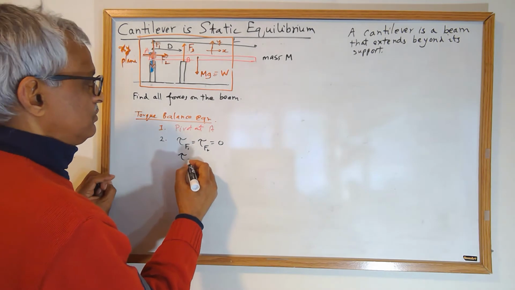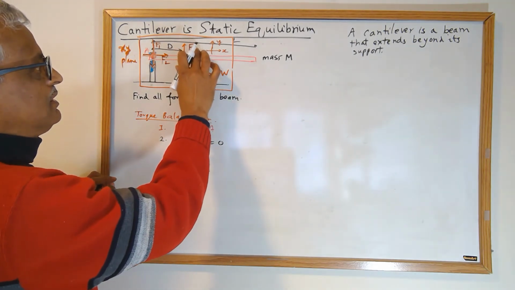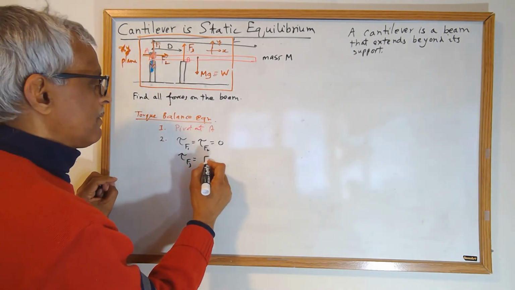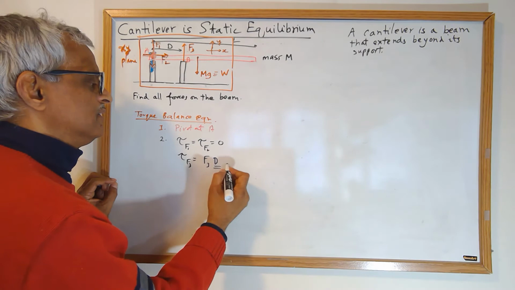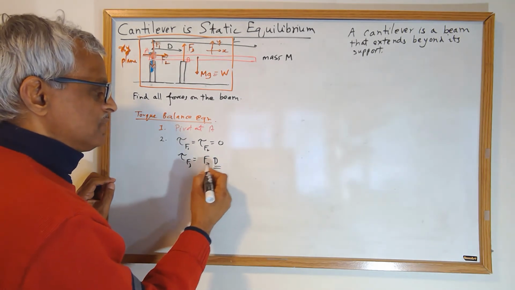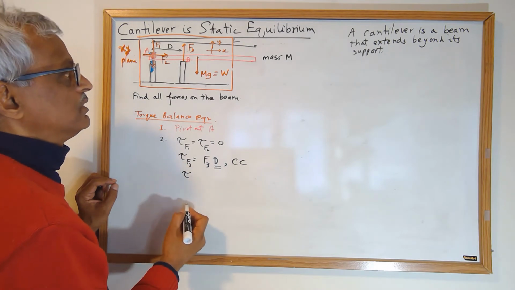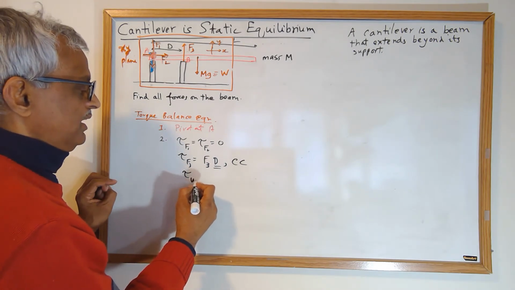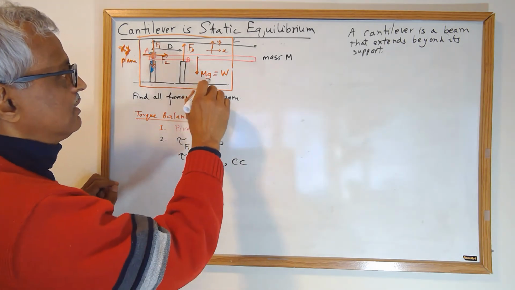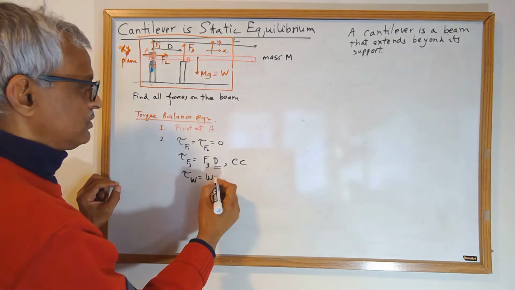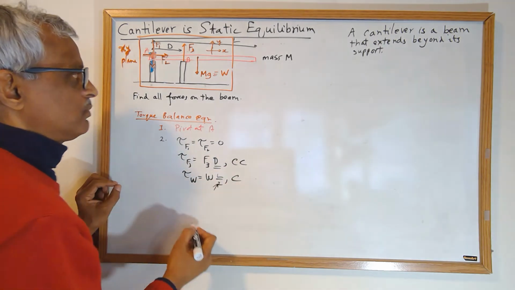The torque of F3 is F3 times D, and you've got to figure out why there is a lever arm. That's the lever arm, and this is counterclockwise. The torque of the weight is weight times L over 2, and there's also a lever arm for this, and this is clockwise.